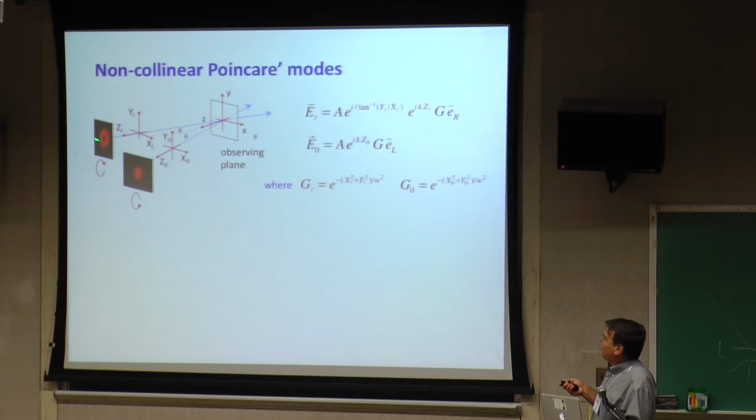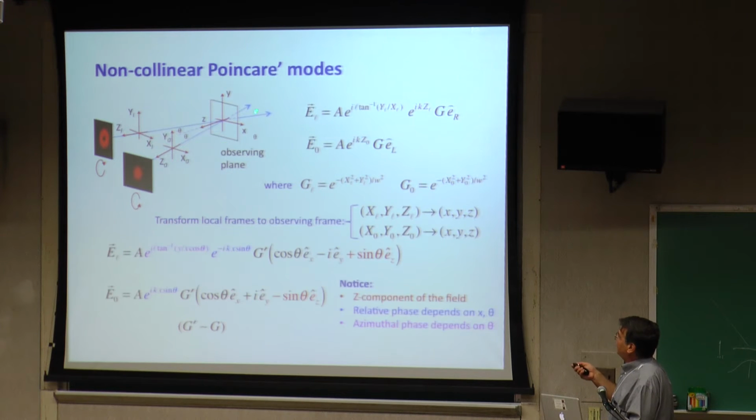So now we want to combine these two, but now non-collinear. So we have a Laguerre-Gauss mode, and here just a fundamental mode. So collinearly, they make one of those lemons or star patterns. Now each of them has its own coordinate reference frame, but now we're going to look at some observing plane.